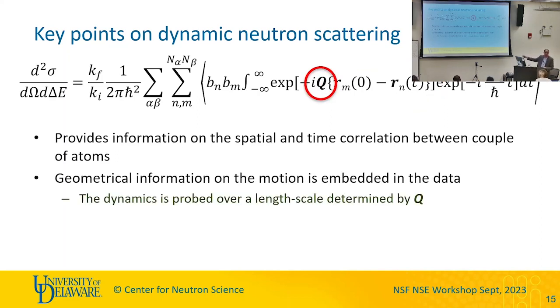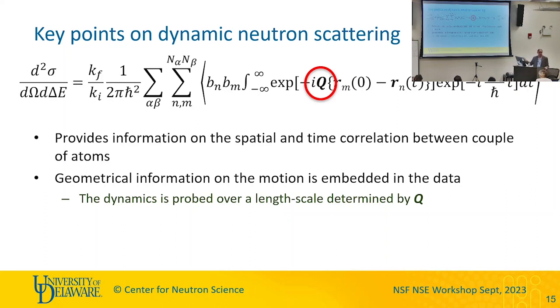The Q, that again is the momentum exchange or the exchange wave vector, that is something that we can control, we can measure, and it provides a length scale at which you are probing this interaction. If this R_m minus R_n, the distance between the atoms that we probe, is too small or too large with respect to Q, then we will not obtain information.